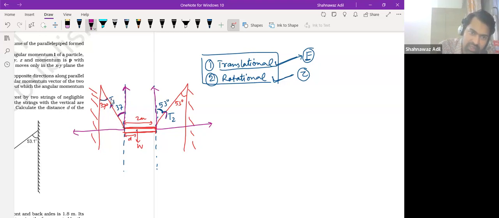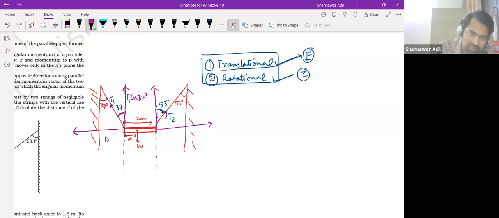This magnitude is T1, right? So T1 cos theta, T1 cos 37. Is that correct, everyone? Rishita and Amna, is this correct? Similarly, this would be how much?